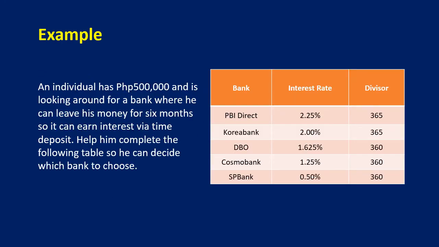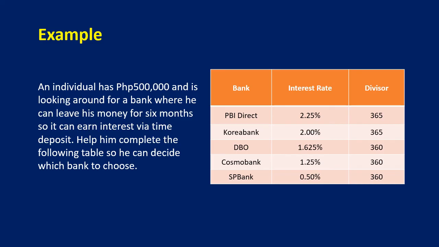An individual has 500,000 and is looking around for a bank where he can leave his money for 6 months so it can earn interest via time deposit. Help him complete the following table so he can choose which bank to choose. All right. So here we're given the interest rates.